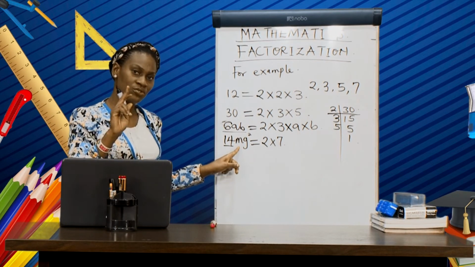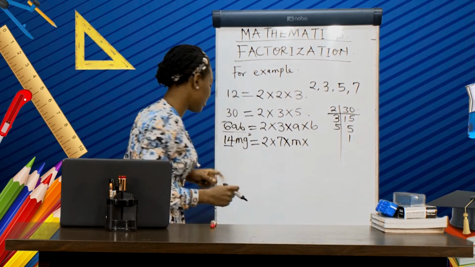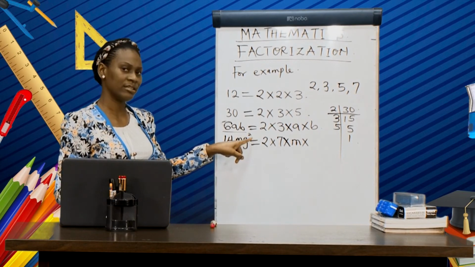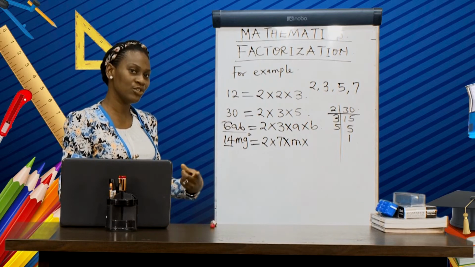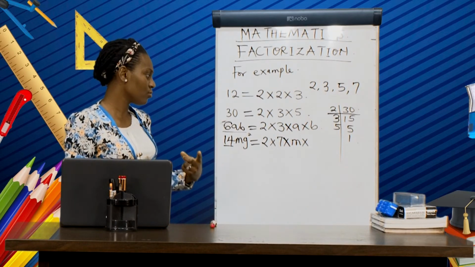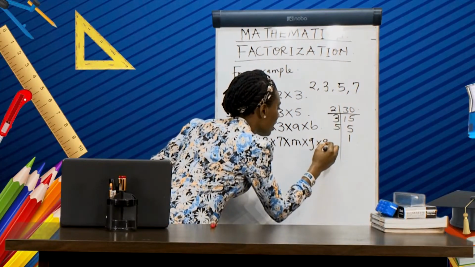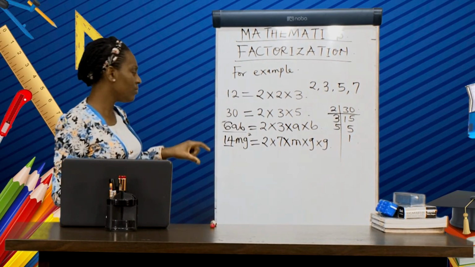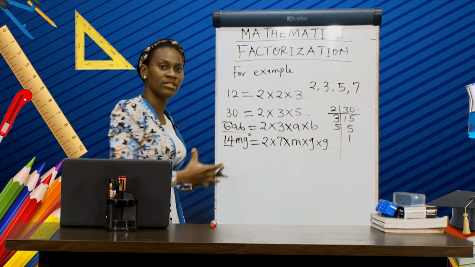So we have times m, then times g squared. g squared simply means g times g, the g was repeated twice. So we put that down also, g times g. So you've been able to write out the factors of this term.